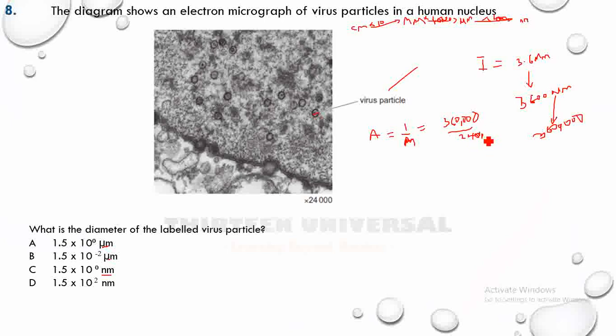So 3,600,000 divided by 24,000 gives you 150. Don't forget that this is in nanometers. So 150 nanometers.